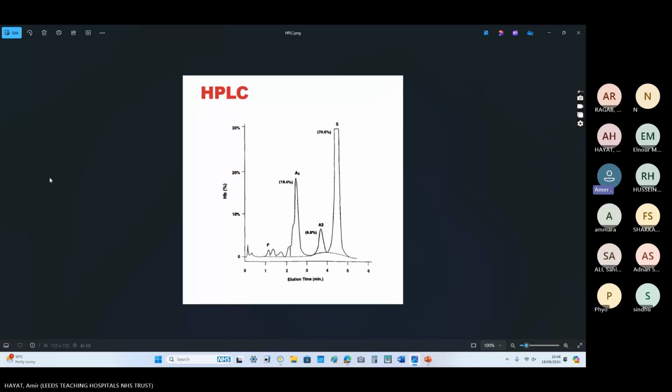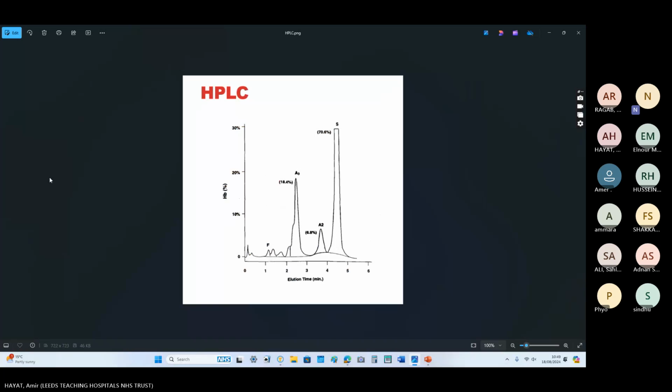So can you explain to the audience again how you made a diagnosis of sickle beta plus thalassemia on the basis of HPLC, and why it is not sickle beta naught? Because if it is beta naught, there would not be any A peak. The other differential is sickle trait because it also has an A peak and S peak.